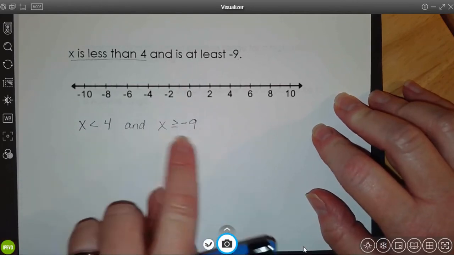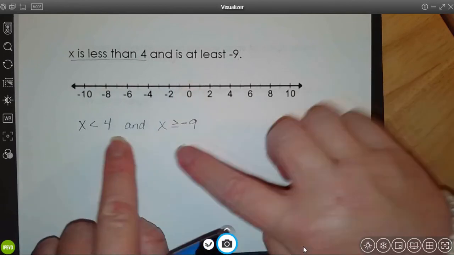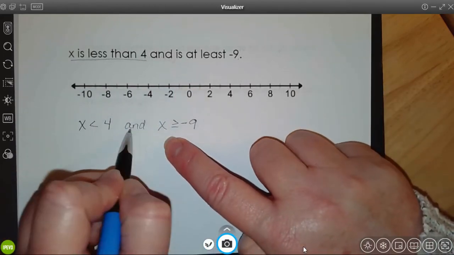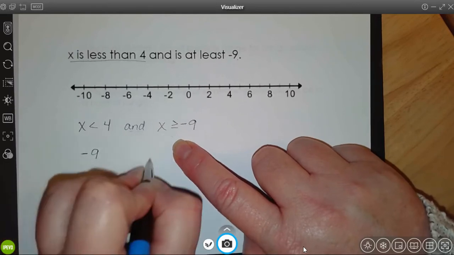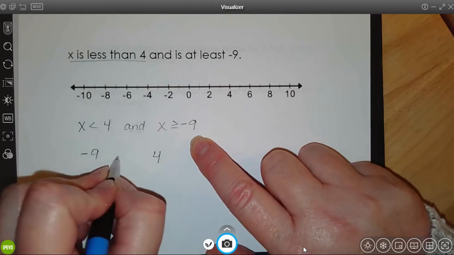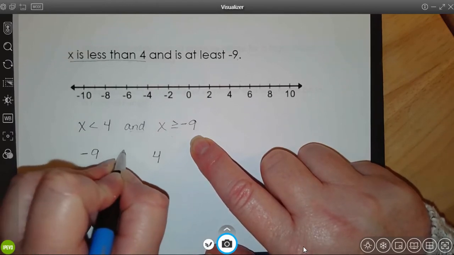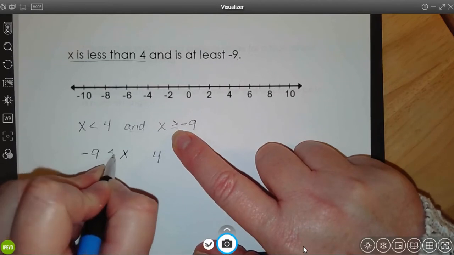Now I've written this in the order that it came in the story, but if I want to put this in and combination, I'm going to do least to greatest. -9 is less and 4 is greater. And then I will put my x in between. Between x and -9, it's open to x.